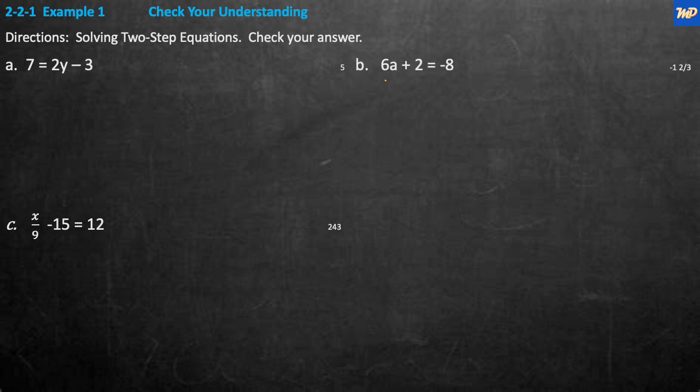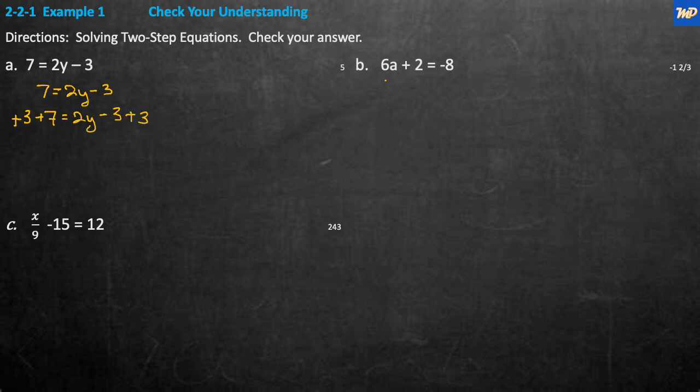And to do that, what are we going to do? Well, I'm going to write the problem. 7 equals 2y minus 3. Now we're going to add negative 3 to both sides. Negative 3 is a positive 3 you have to add. 3 plus 7 equals 2y minus 3 plus 3.